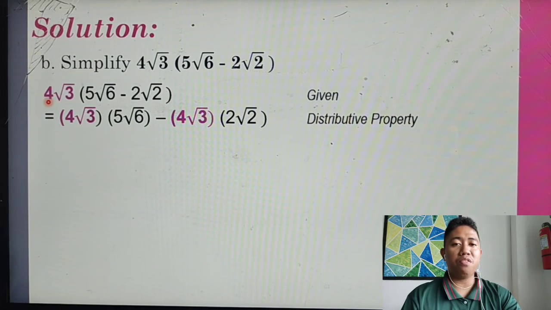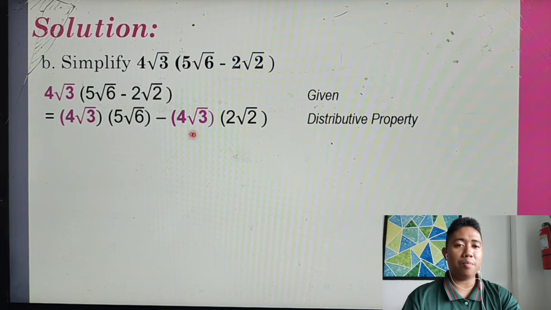We use 4 square root of 3 as the number to be multiplied. So we have 4 times the square root of 3 times 5 times the square root of 6, and we copy the sign, so minus 4 square root of 3 times 2 times the square root of 2.